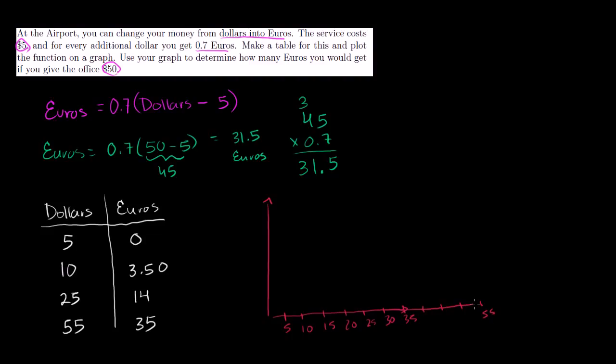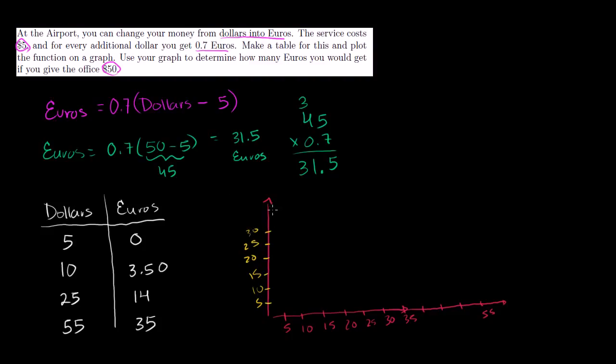I made my x-axis a little shorter than I needed to, all the way up to 55. And then the y-axis, I'll go in increments of 5. So that's 5, 10, 15, 20, 25, 30, 35.